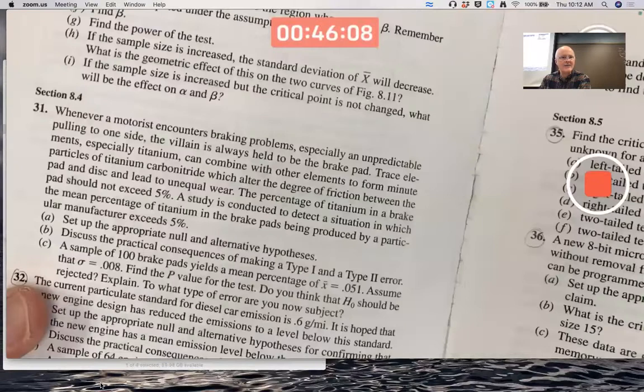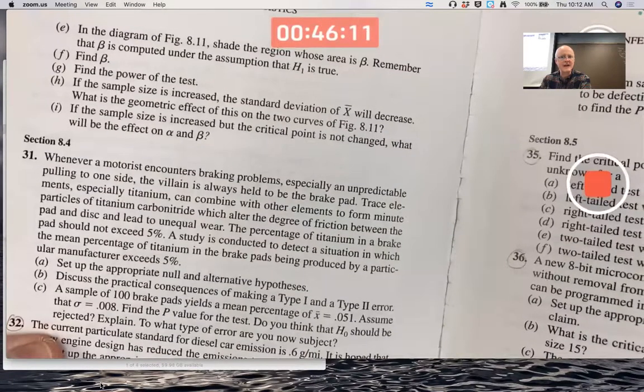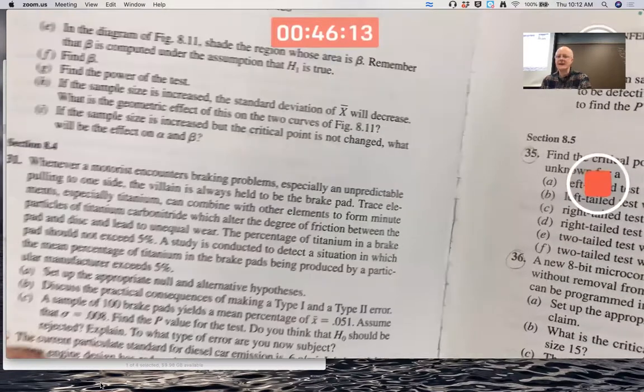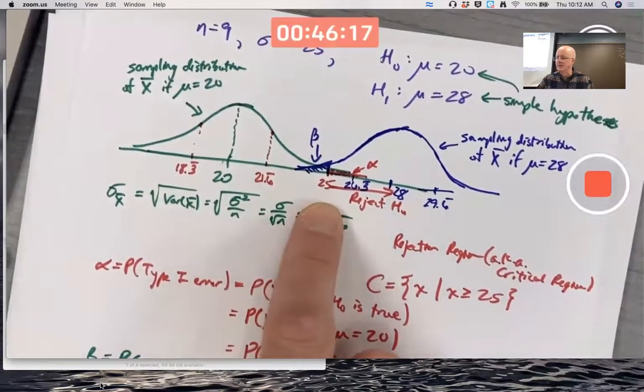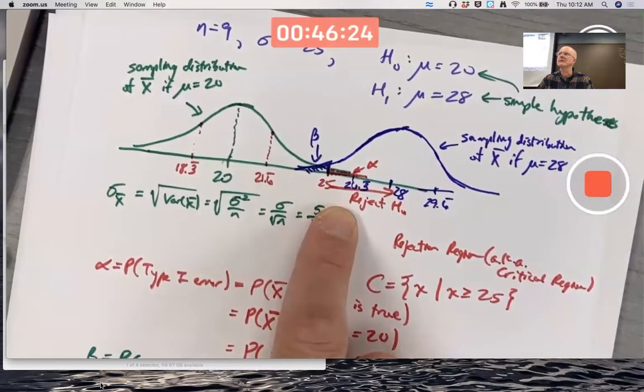Part I, if the sample size is increased, but the critical point is not changed, what's the effect on alpha and beta? If we still reject the null when X bar is bigger than 25, what's going to happen to both alpha and beta? What did you say? Yep. Alpha and beta both decrease.